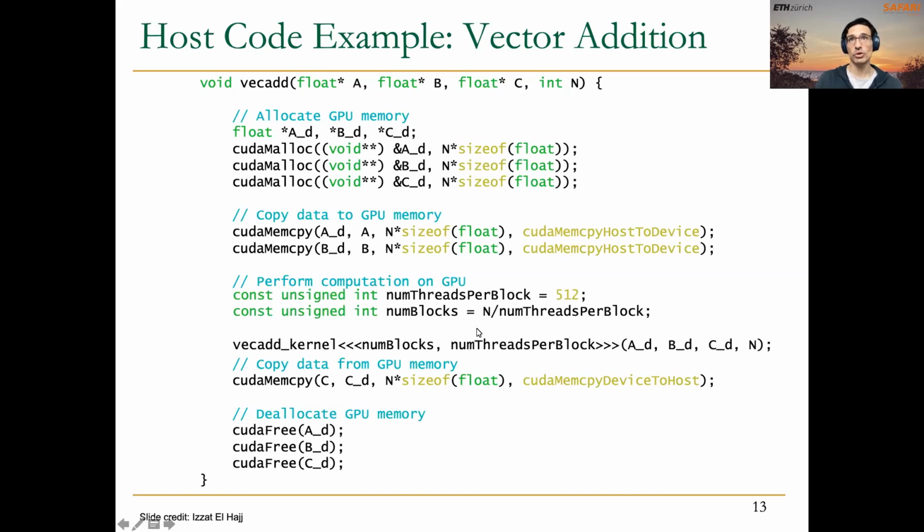To perform the computation, the first thing to do is decide the number of threads per block that we are going to use. In this case it is 512. Then depending on the size of the input array, in this case n, we will need a certain number of thread blocks. And this is the kernel call: vecAddKernel, using this number of blocks, this number of threads per block, and these input and output arguments.